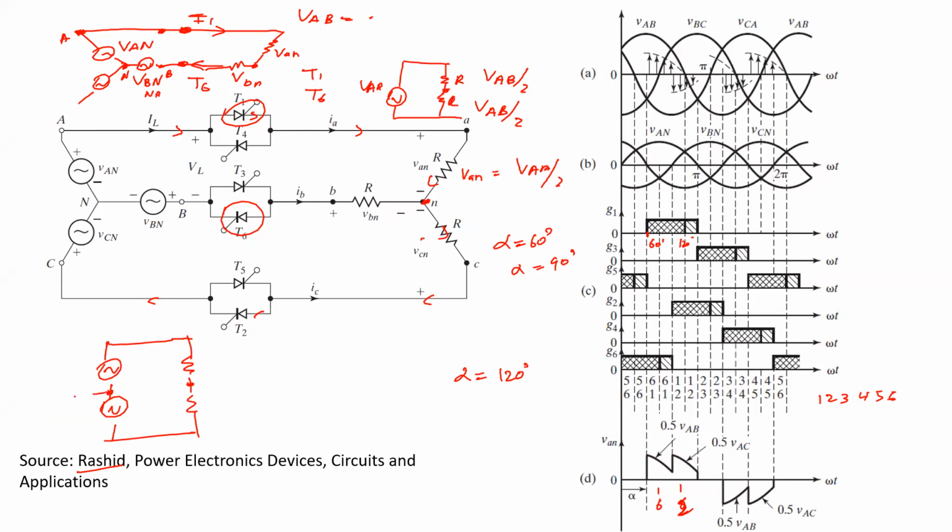This is neutral from the source side. And A and B. And in here A, N, B. So the total voltage across this will be VAB. VAN is 0.5 VAB, and VBN is the same, 0.5 VAB. That's why we are getting these angles here. So don't worry about it. If you don't understand, please read.